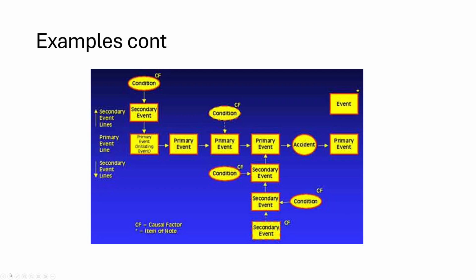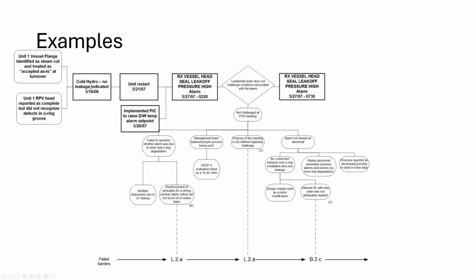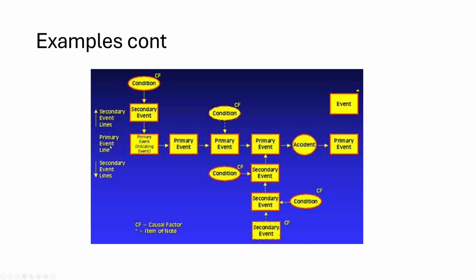So the idea, and let's see if we go back here, notice how this initial series is a complete situation here, right? Like it's linear. And then you have this one random offshoot. So when you're doing an event and causal factor chart, you have a primary event line, which is the timeline of primary events, right?